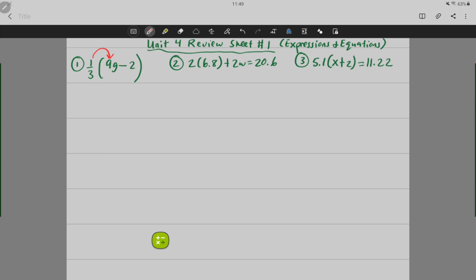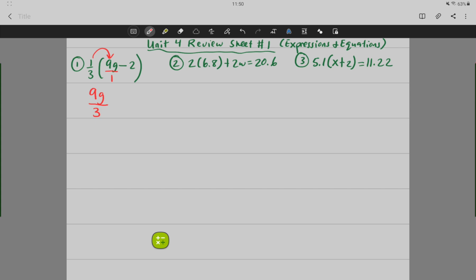Before we do that, we can also make this a fraction, put it over 1. If we multiply our numerators, 1 times 9g will give us 9g over, multiply our denominators, 3 times 1 is 3, so we'd get 9g over 3.